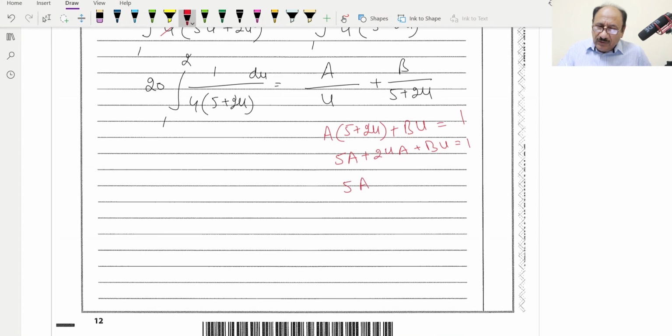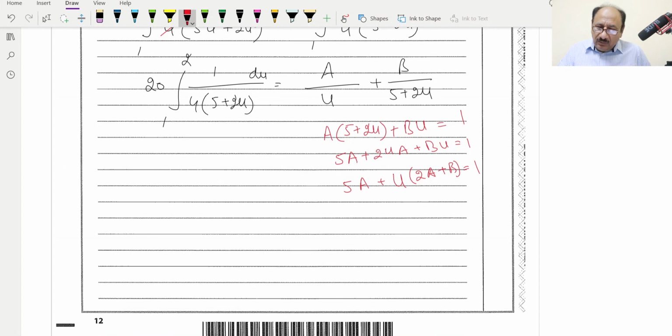So 5a plus u common, inside will be 2a plus b, so 2a plus b is equal to 1.